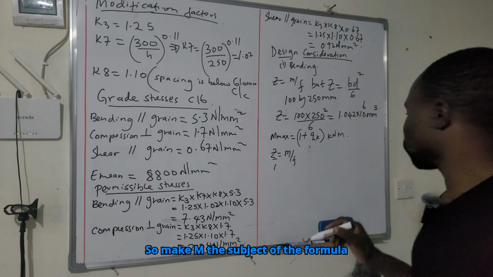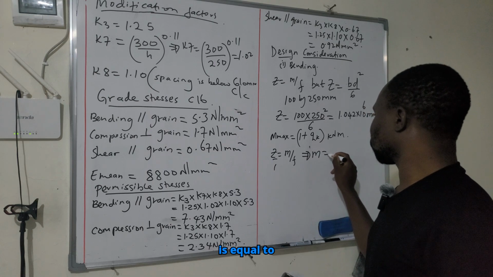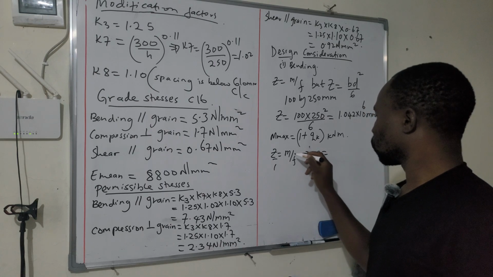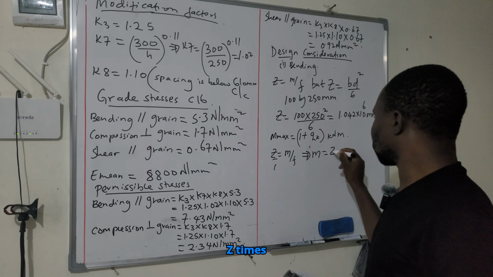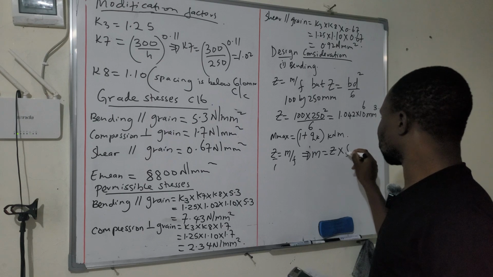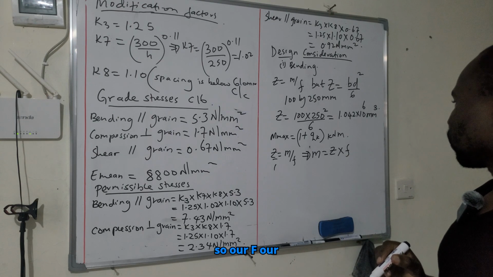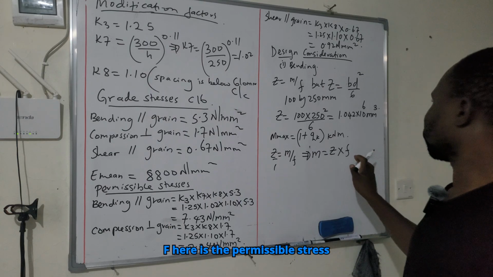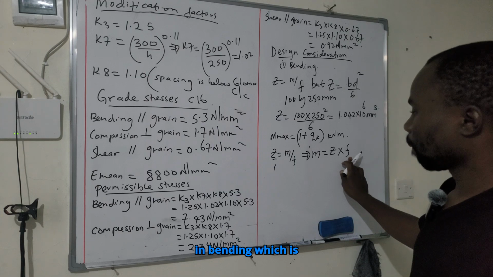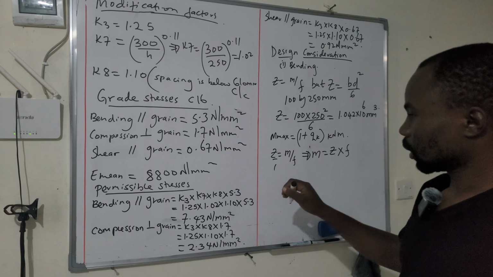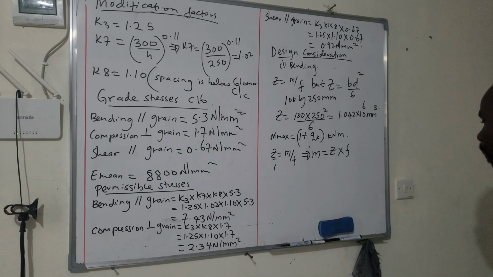So make M the subject of the formula, which implies M is equal to Z times F. You cross multiply. Our F here is the permissible stress in bending, which is 7.43.